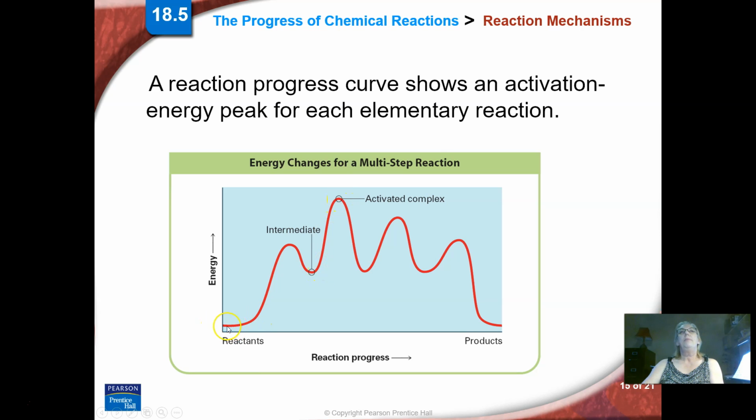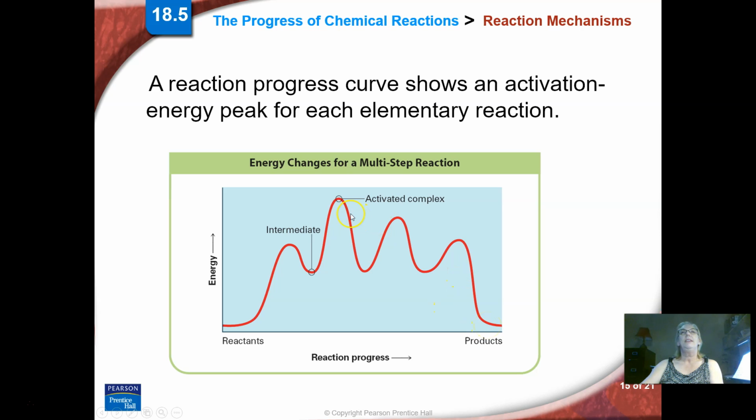So this is a complex reaction. We have reactants turning into an activated complex and changing and then changing again. You have lots of activated complexes here, and you have several intermediates. So this is a complicated reaction. Reactions can have lots and lots of intermediate steps before they get to the products that we see.